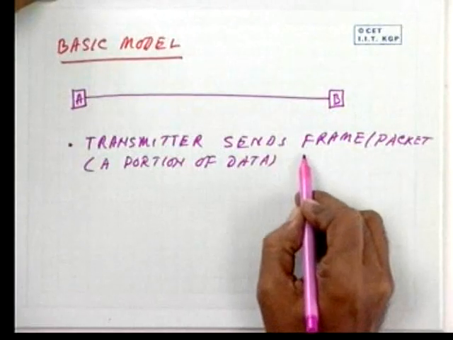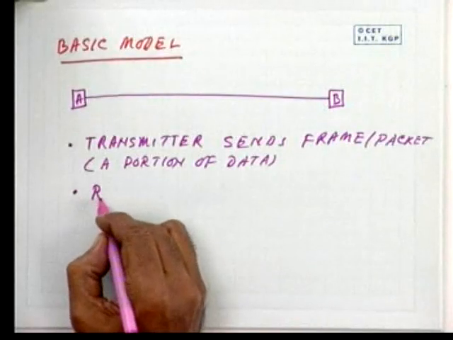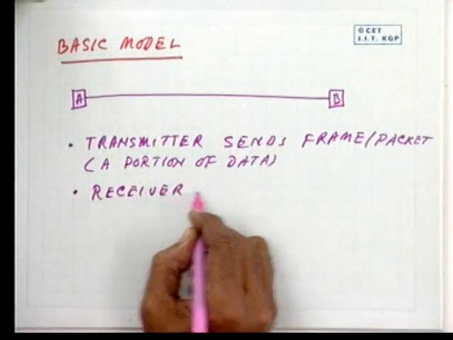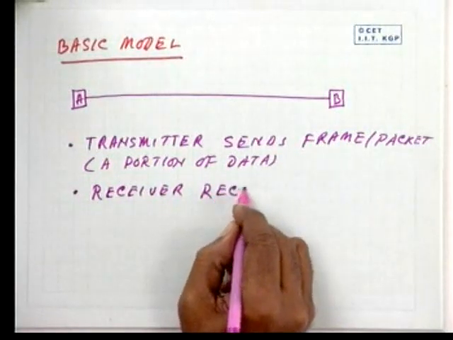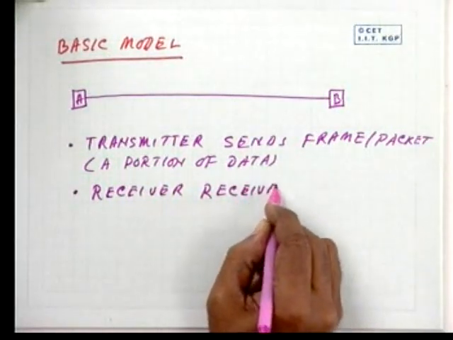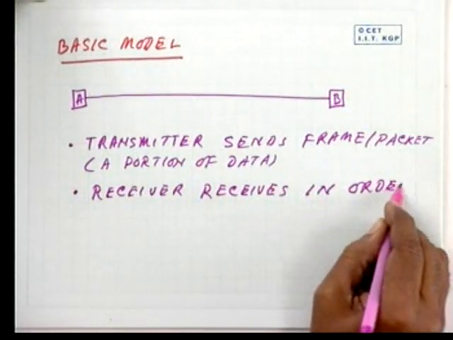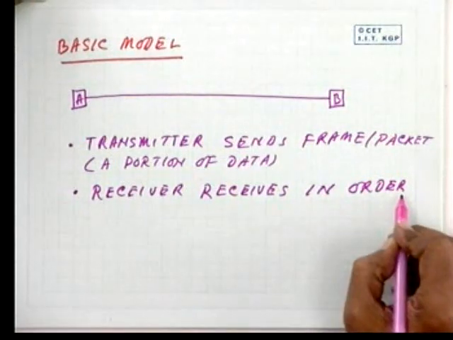And that's why usually the large or long data is broken down into smaller parts, then it is sent in the form of small frames or packets. And the receiver receives in order. That is our basic assumption in this case.